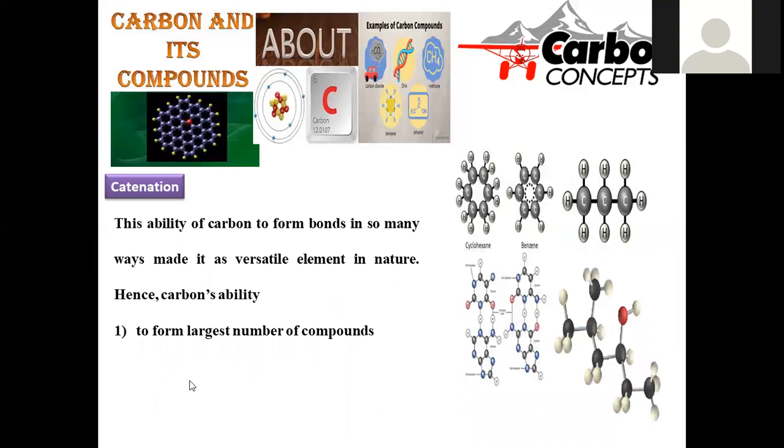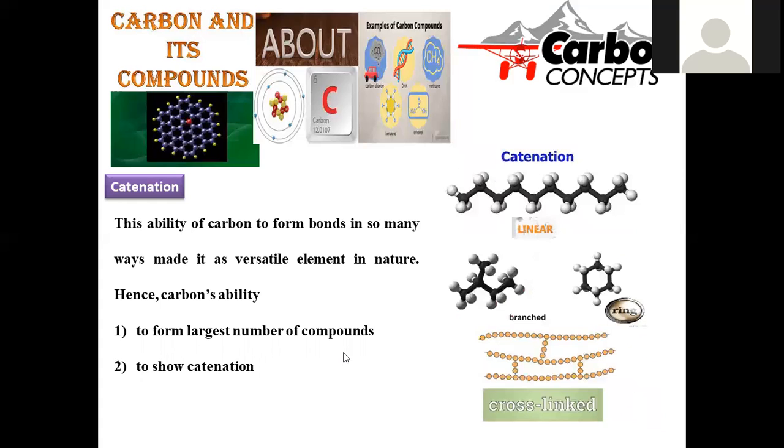So we can consolidate all the factors into 3 simple terms explaining why carbon is considered a versatile material among all. One is the largest number of compounds available. You can find a huge library of compounds with carbon: carbohydrates, proteins, hormones, vitamins, enzymes, all made up of carbon and its related compounds.